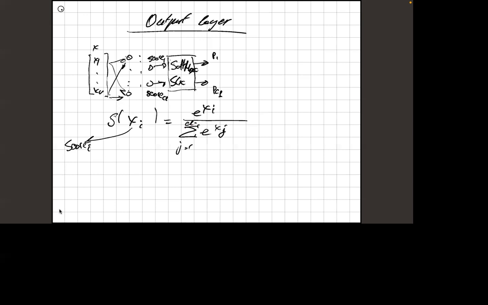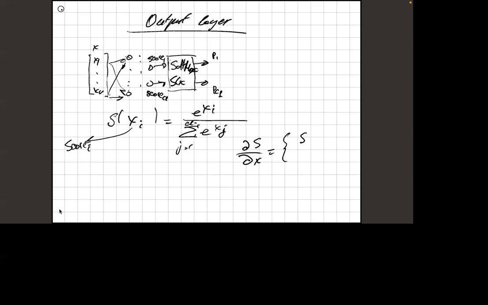So this is your softmax function. And then, long story short, the derivative, or partial derivative, dS over dx, has a form that depends on which x it is.